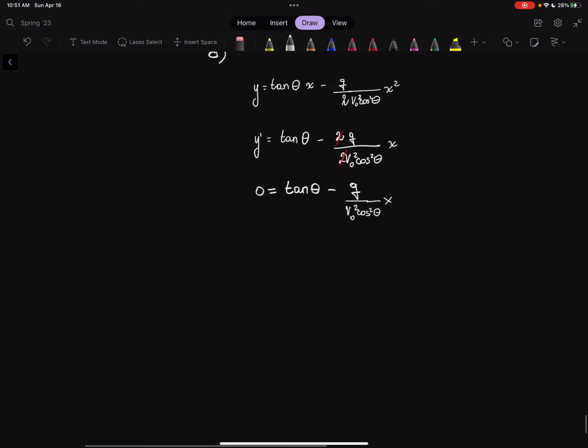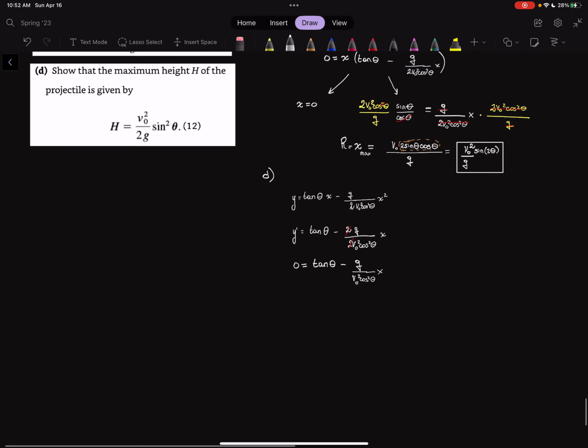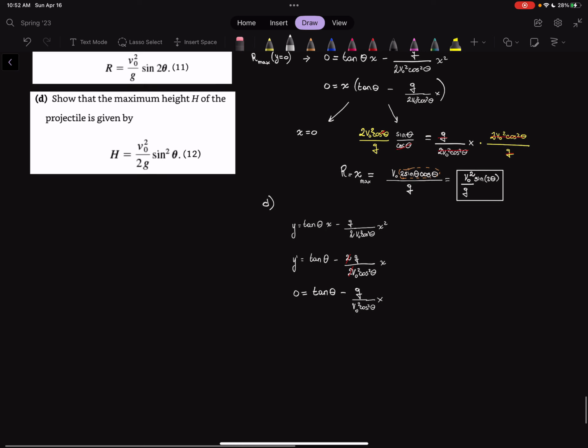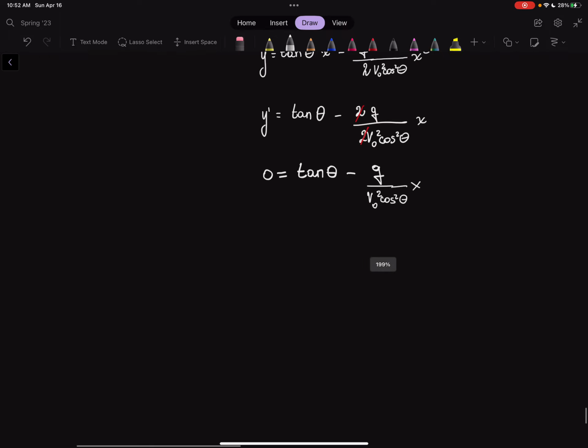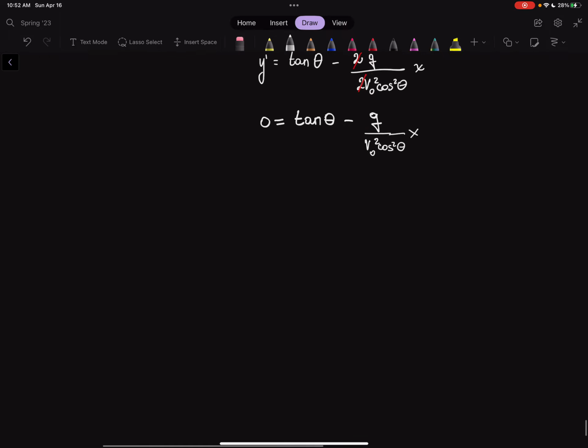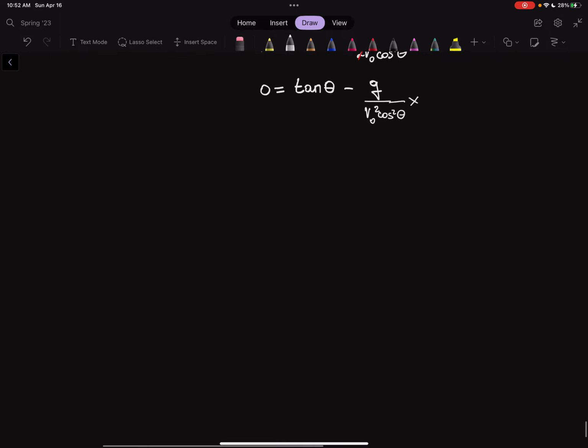Doing this seems similar to what we were doing over here. It's just that we don't have a 2 now. So really now if we solve, we're going to get tangent of theta is equal to g over v naught squared times the cosine squared of theta times x.